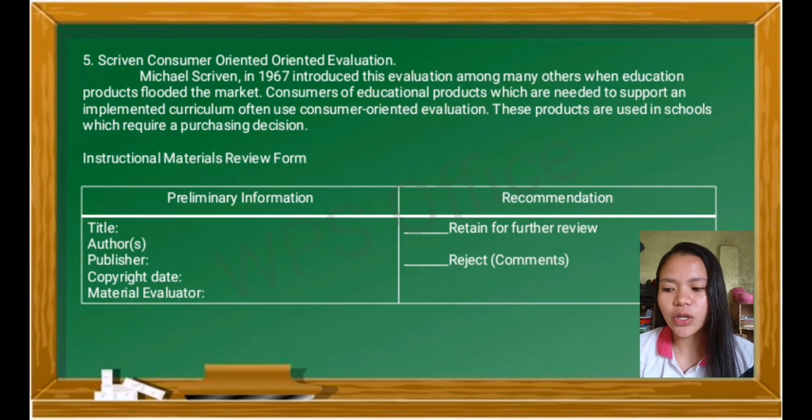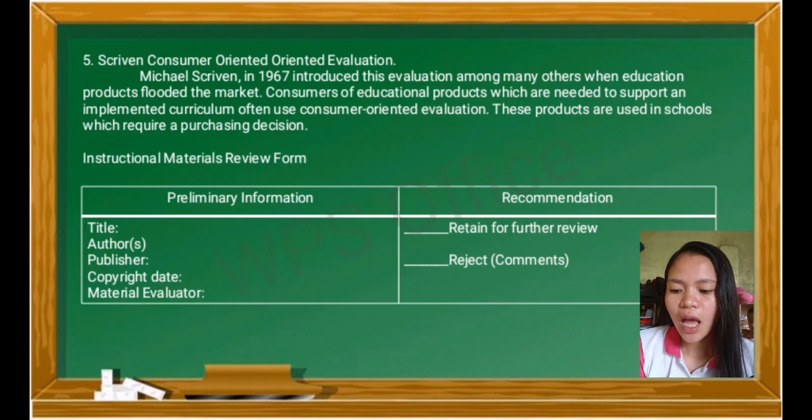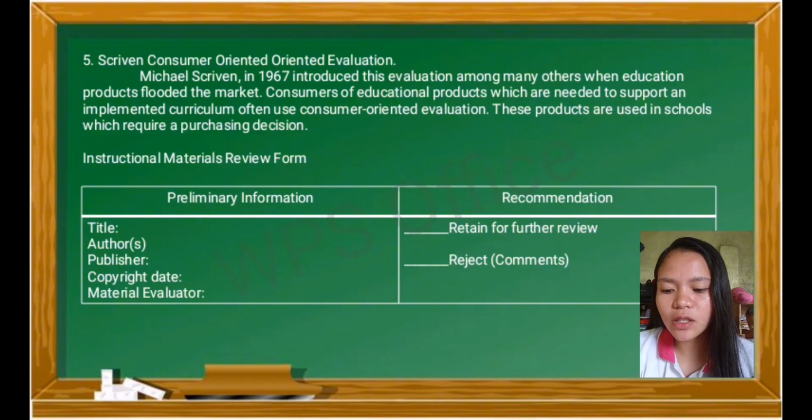These products are used in schools, which require purchasing decisions. These products include textbooks, modules, educational technology like software, and other instructional materials. Even teachers and schools themselves nowadays write and produce these materials for their own purposes.